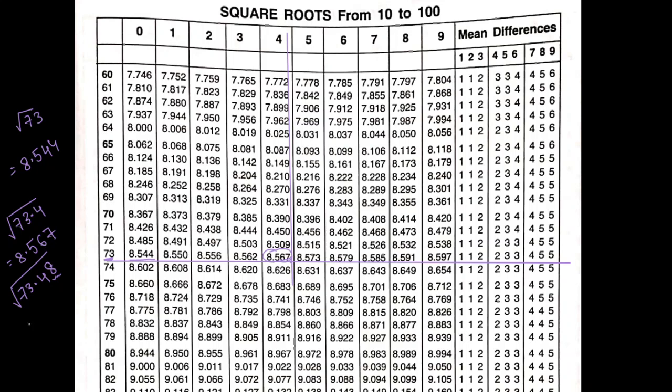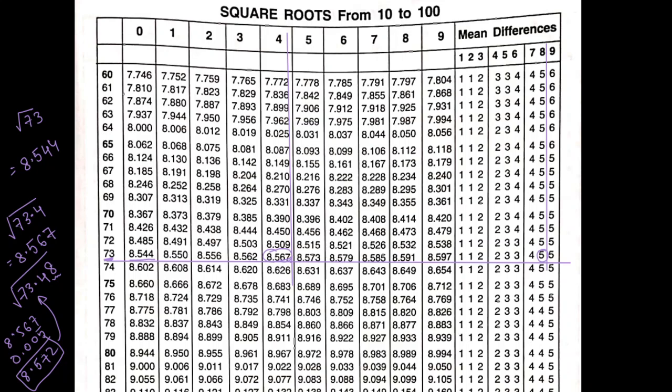The value for 8 there is 5, so we add 0.005 to this value. So the square root of 73.48 is 8.572. I hope that makes sense.